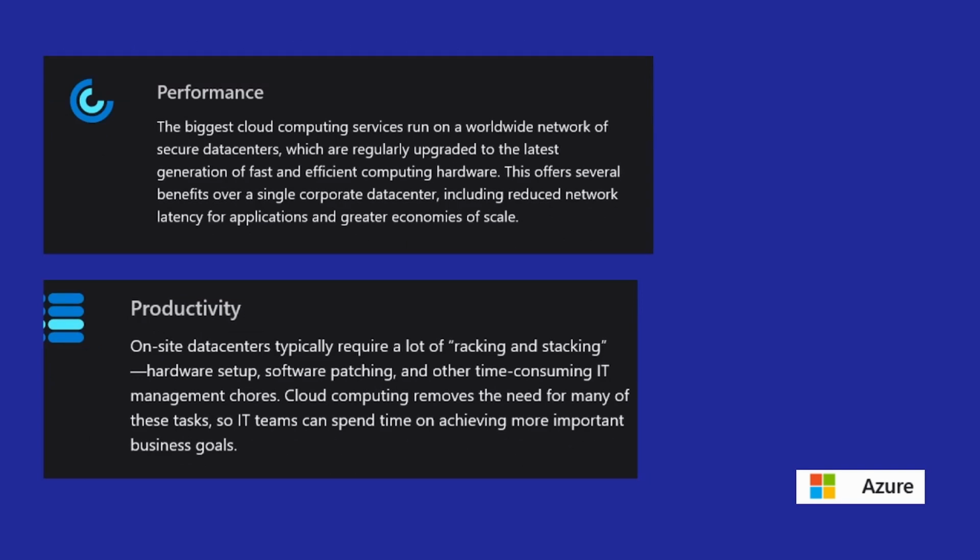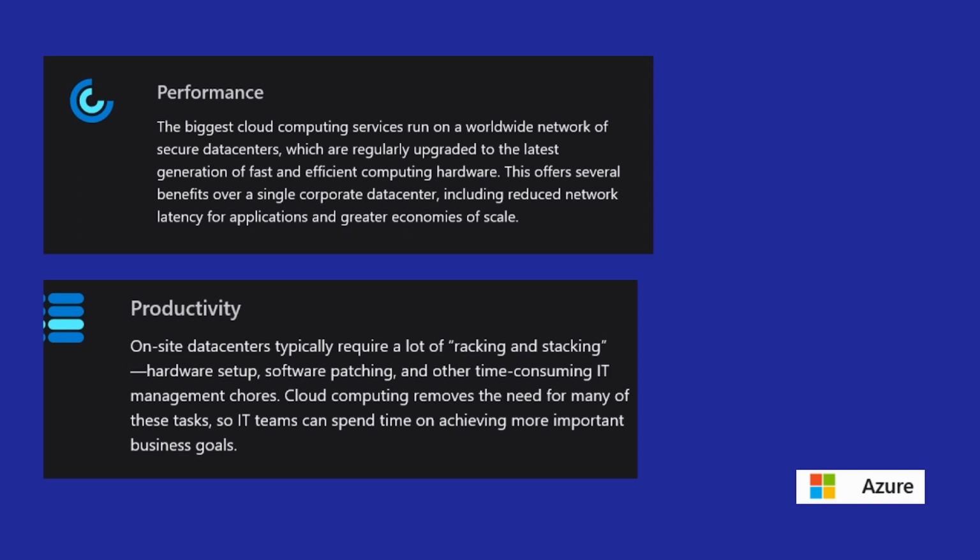Performance. The biggest cloud computing services run on a worldwide network of secure data centers, and they are regularly upgraded to the latest generation of fast and efficient computing hardware. This offers several benefits over a single corporate data center, including reduced network latency for applications and greater economies of scale. Productivity.